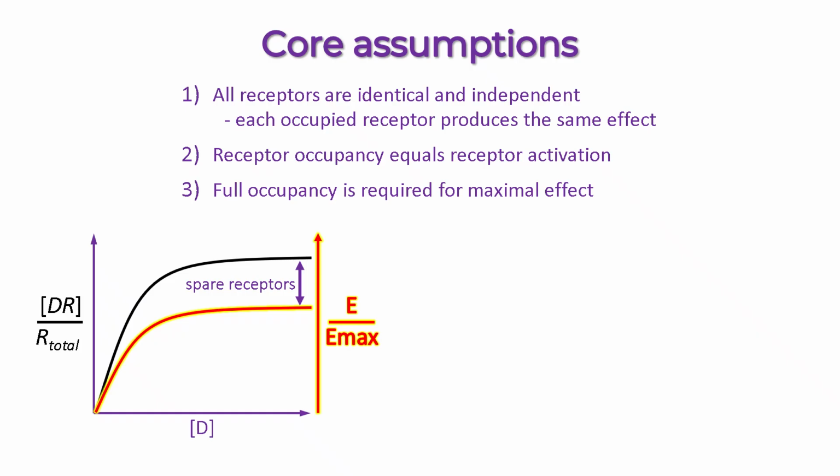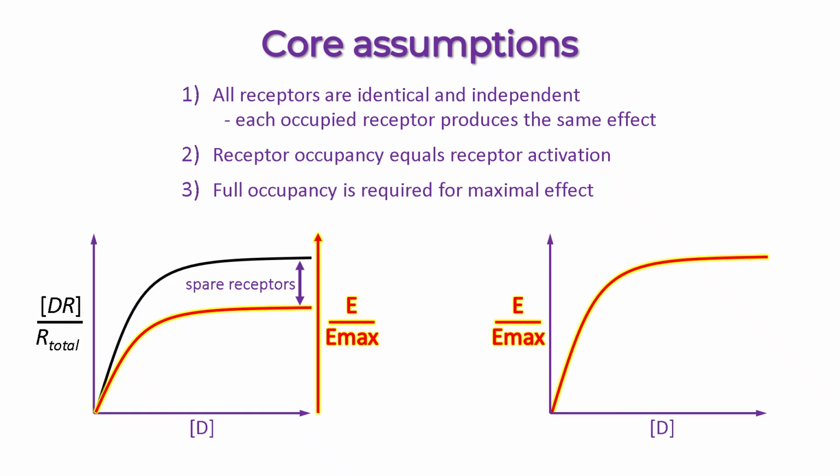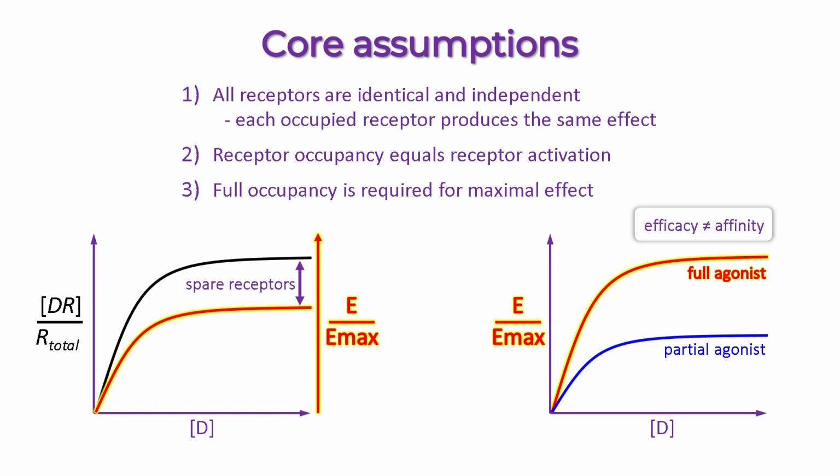According to the occupancy model, full receptor occupancy should produce the same maximal response regardless of the drug. Clearly, this is not what is observed. Drugs with the same affinity can have different maximum effects, revealing full and partial agonists. Efficacy is not the same as affinity.